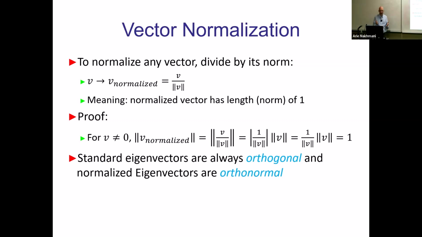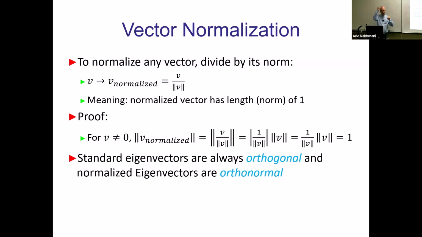You have multiple different norms to compute distance, but the most typical one is the Euclidean norm. It means adding all of the squares of the elements and taking the square root of that. So, square root of the sum of the squares. This is Euclidean distance from one point to another, if you remember, and this is distance from the origin.